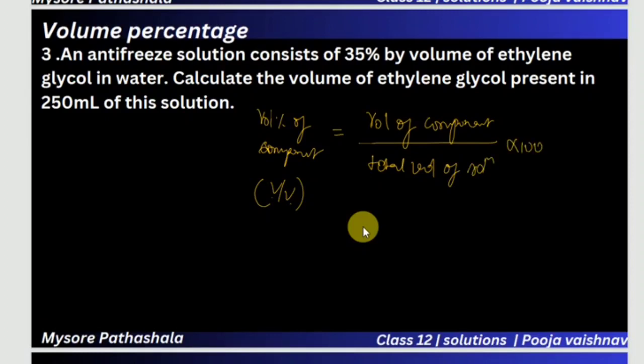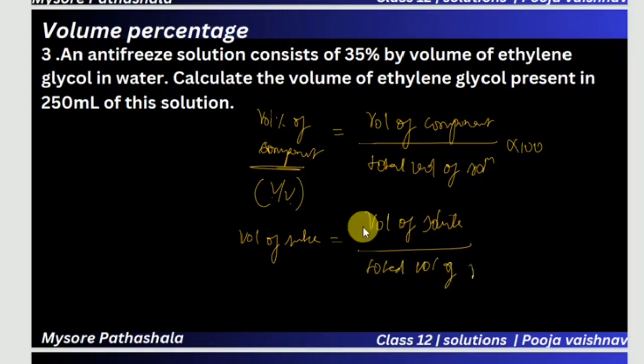Okay, so what is the volume of component? If you want to find out the volume percentage of solute, then we take volume of solute and total volume of solution into 100.